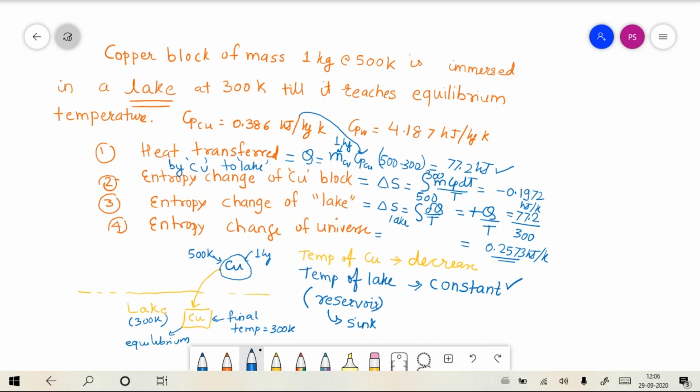You'll find a positive value of entropy change of the universe, and the reason is that the process of heat transfer is irreversible. So the values which Vedant has got are correct. Yuvraj Singh, you recalculate your values and put them down.